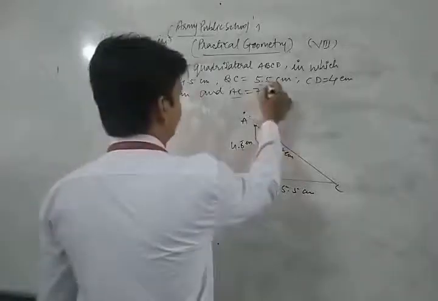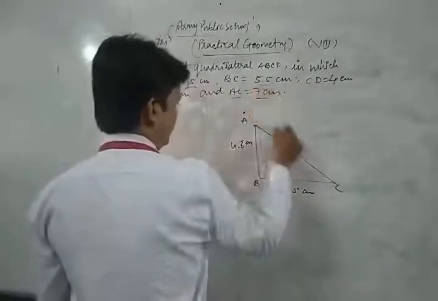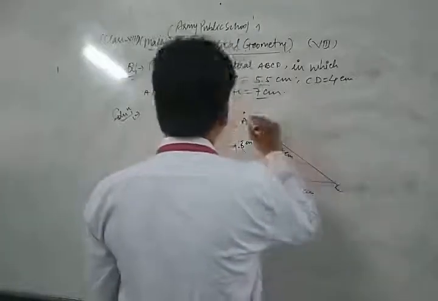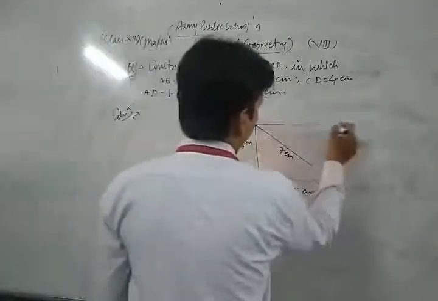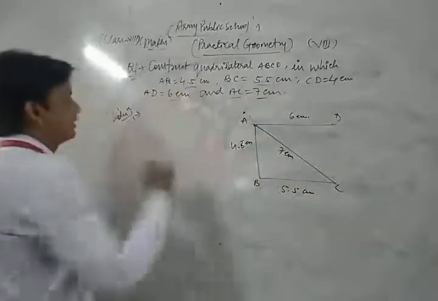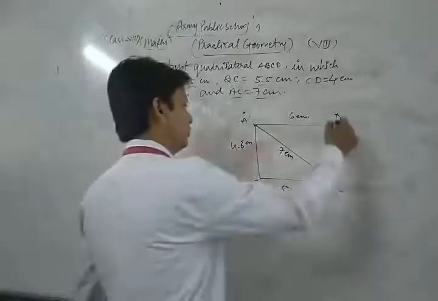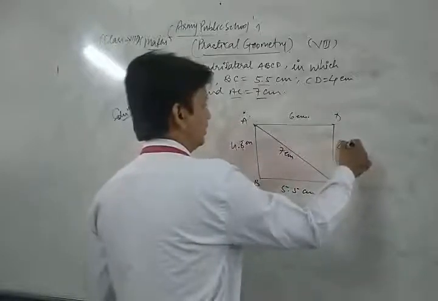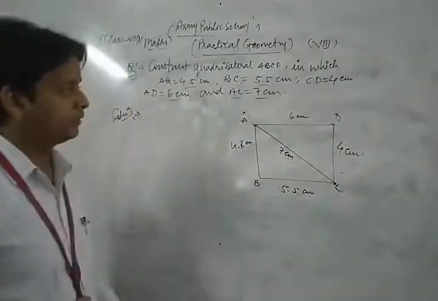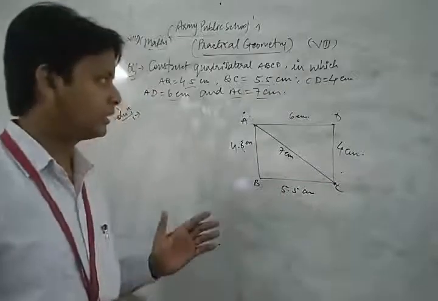Suppose D is here; AD is also given as 6 centimeter, and CD is 4 centimeter. So this is the rough diagram of your quadrilateral ABCD.